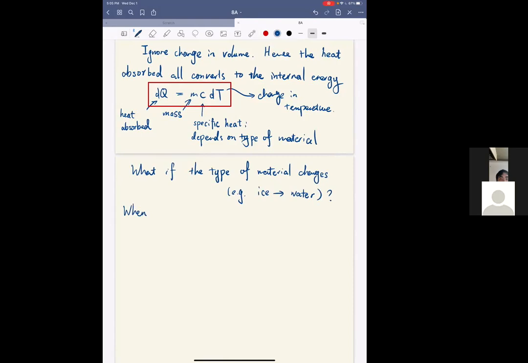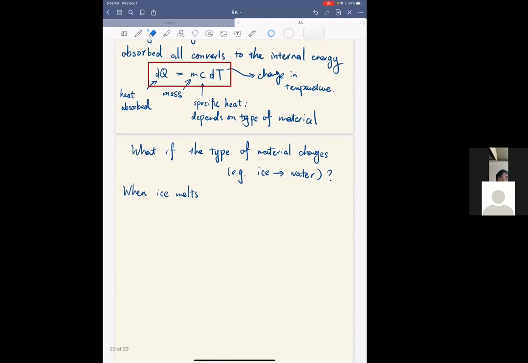To answer that question, basically when ice melts, and this applies quite generally, whenever a solid converts to a liquid, or whenever a liquid converts to gas, there needs to be some heat provided for the material so that it could change the state. So in our case, when the ice melts, it absorbs some heat.